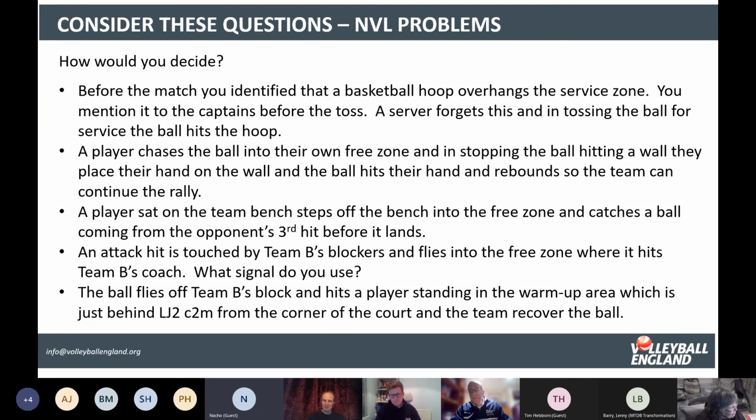But in any case, if there was a player trying to catch the ball, to chase the ball, I should at least tell them, do not interfere with the game because they were trying to retrieve it. They're in the right to do so.